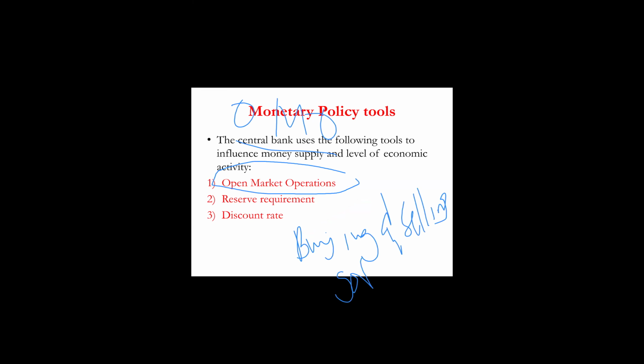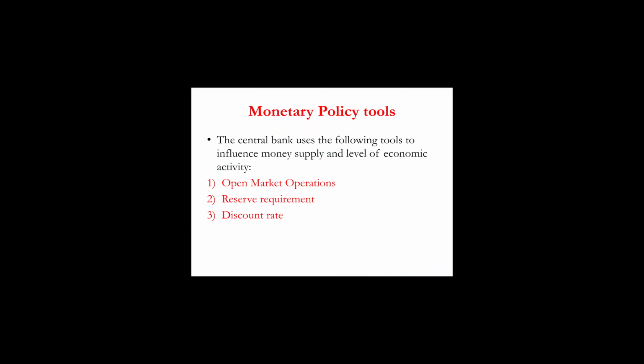Government securities that involve the bonds and treasury bills mainly, the treasury bills and the government bonds. So the buying and selling is what OMO is all about. Now, let me give a practical example on how it does work.